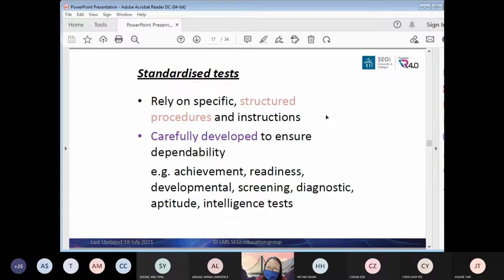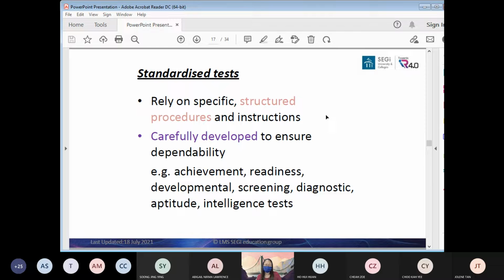Like what I said, the standardized test will be your year-end exam, semester-end exam, midterm exam, that kind of stuff. Or sometimes after every chapter, you have one exam, those days in school. Those are all standardized exams. All the exams are the same, the questions are the same. That's why it's called standardized.